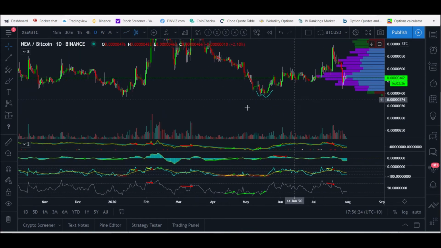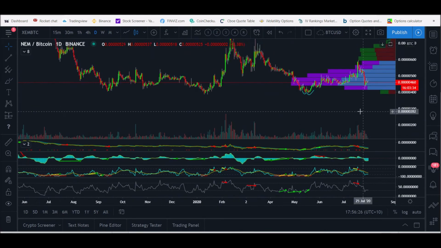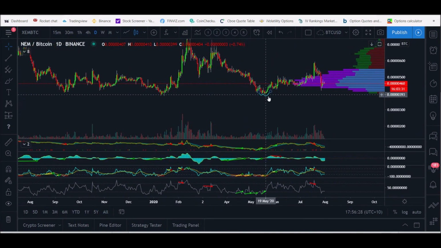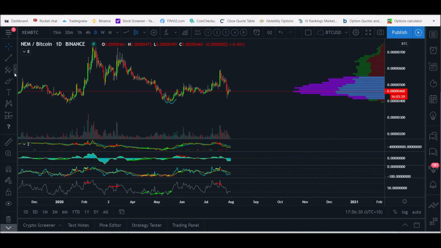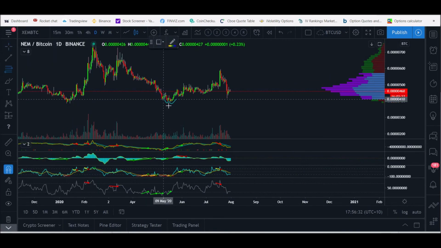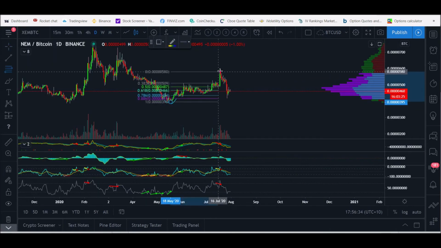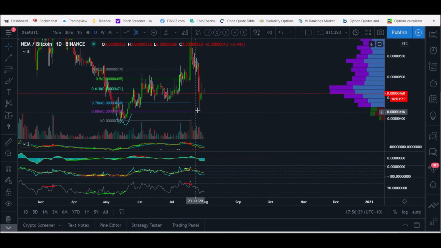So yeah, what do I see with NEM? I could see it potentially coming back down to these levels, but if we did a swing low to swing high, you can see we've come back down, even touched this 886 fib right here. Do we have any gaps? We do have a gap here.